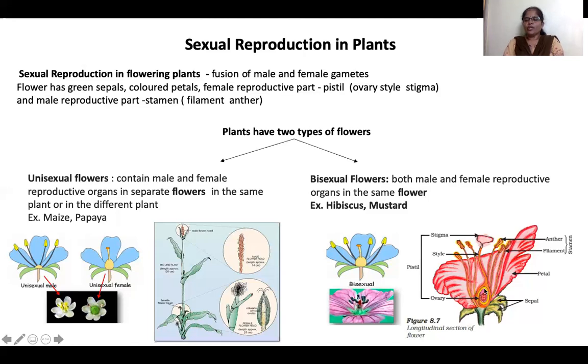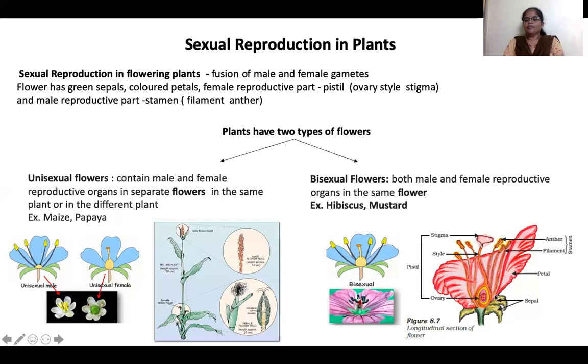This is the ovary, the female reproductive part. It has ovary, style, stigma. Style is a tube that grows from the ovary, and here is a platform-like, globe-like structure called stigma, and it is sticky. Why, I will tell later.